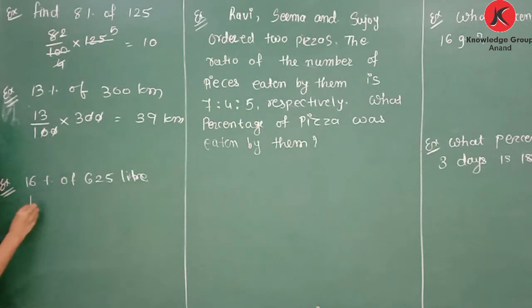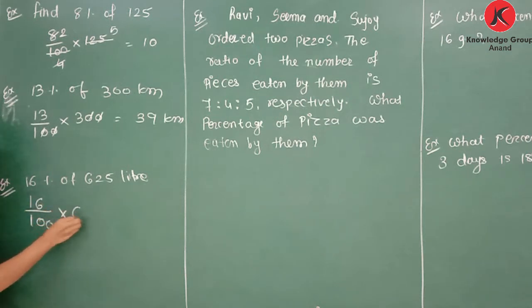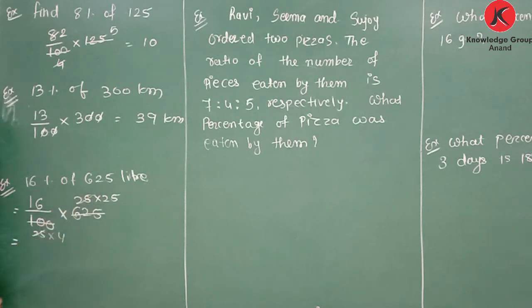So here we can write 16 divided by 100, that is 16%, multiply 625. Now here 25 multiplied by 25 is 625, and 25 4s are 100. So we can put the common factor 25. 4 4s are 16. Now 25 4s are 100. So 16% of 625 liters is 100 liters.